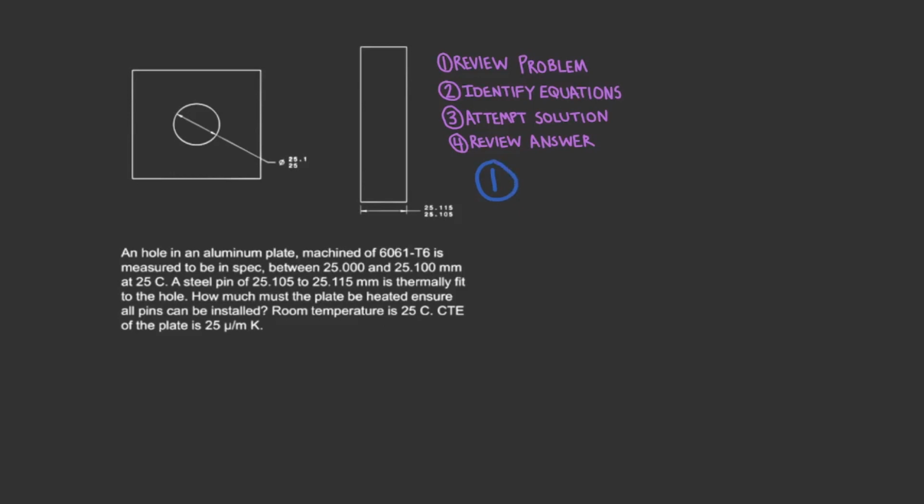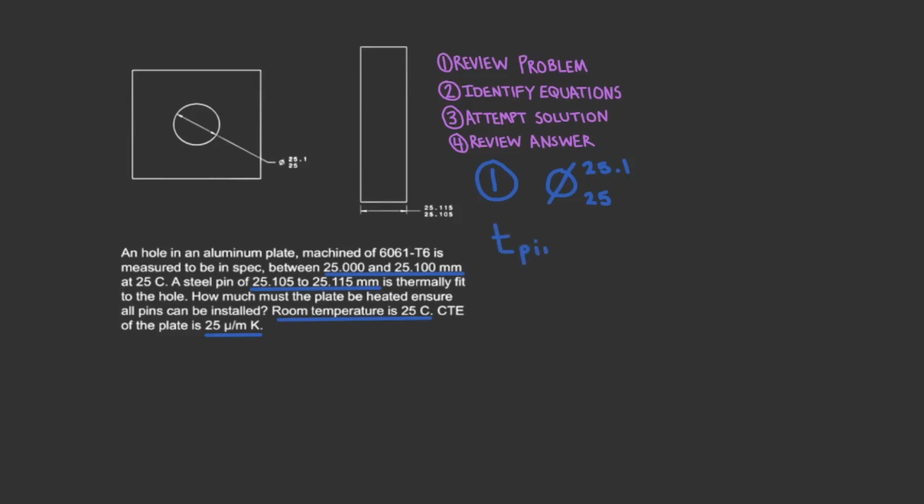There are a few key pieces of info we want to take away from this problem statement, and they're also going to serve as hints guiding us towards the equation set that we will use. First off, we know our aluminum plate hole has allowable diameter limits between 25 millimeters and 25.1 millimeters. This means the maximum diameter of the hole is going to be 25.1 millimeters.